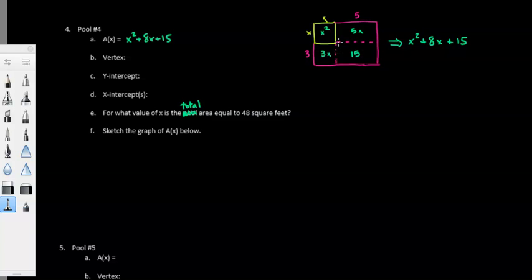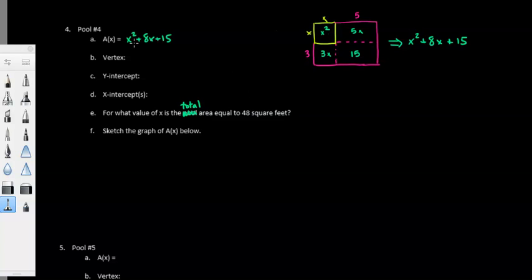And this rectangle is 5 feet along this way, from the 5 up here, and 3 feet along this side from this 3 right here, so it had an area of 15. So altogether, this area could be found by just combining these 4 rectangles. So we had x squared plus 3x plus 5x plus 15, which turned into x squared plus 8x plus 15. So that's what we did yesterday.